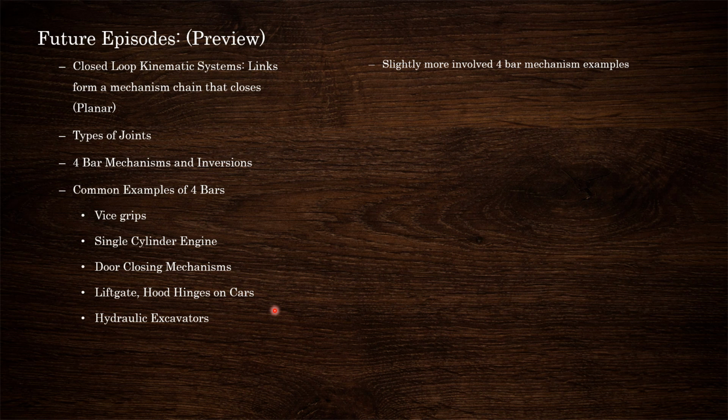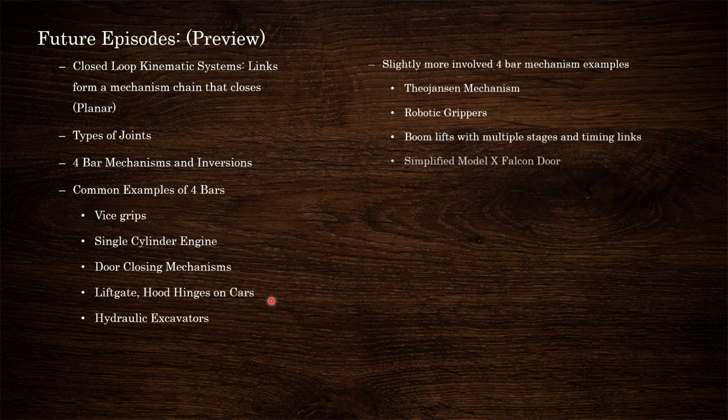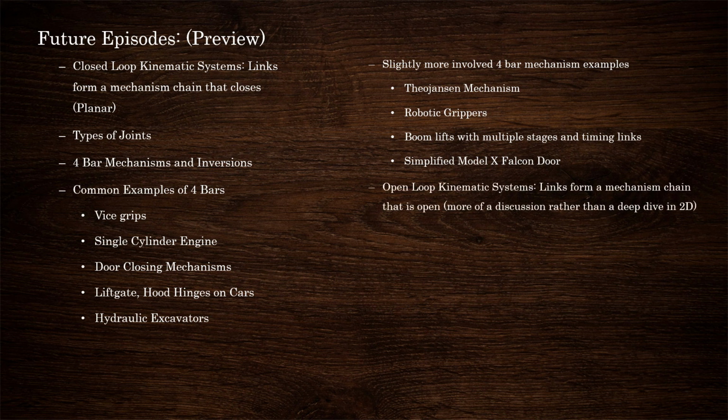We can look at slightly more involved 4-bar mechanisms like walking mechanism of Theo Hansen, robotic rippers, boom lifts with multiple stages and timing links, how 1 degree of freedom, but it's a complex mechanism, how it works. We can study that. Let's say we look at a simplified Model X Falcon door and see how that works. It's a simple mechanism, but it's something to note.